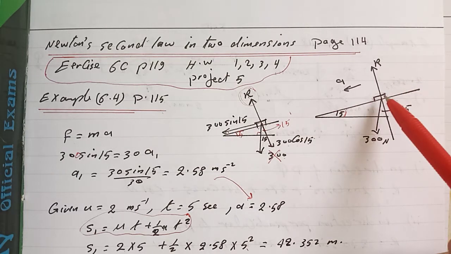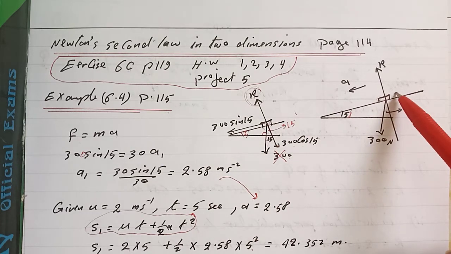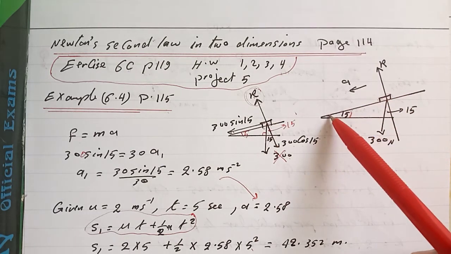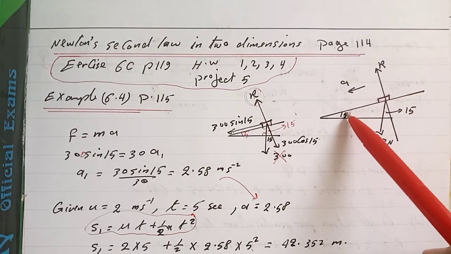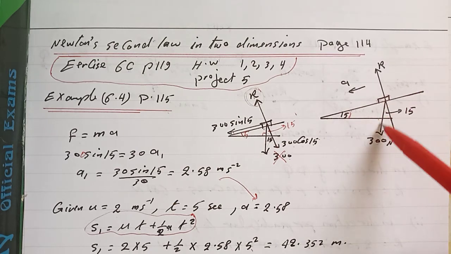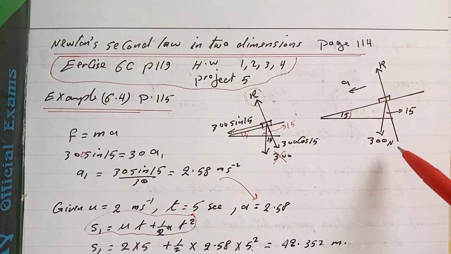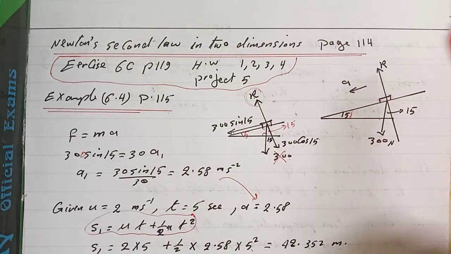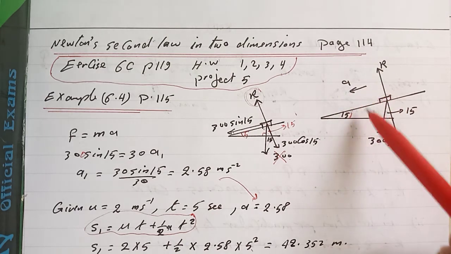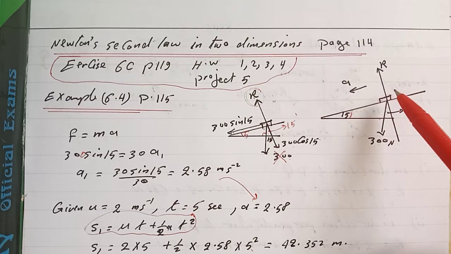Again, the story of Anna. This is the sledge. She's sliding. Her sister was here. She gives her a push to slide down. This slope is 15 degrees to the horizontal. The weight of Anna and the sledge is 30 kilograms, meaning 300 Newton. And it moves with an acceleration. She started moving at 2 meters per second for 5 seconds.